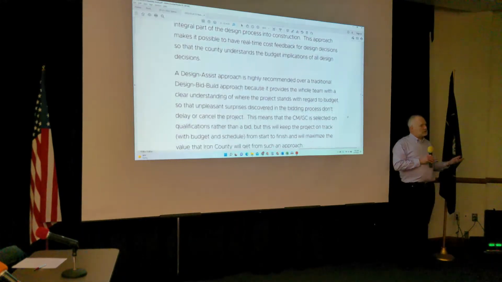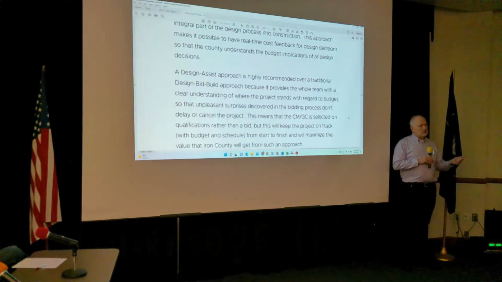So as you make the selection for your design team and your contractor, it's very critical that you select a team, those individuals, that have that experience. And we also recommend that jails, these aren't projects that you just design, get it all designed, and then put it out on the street for a bid.